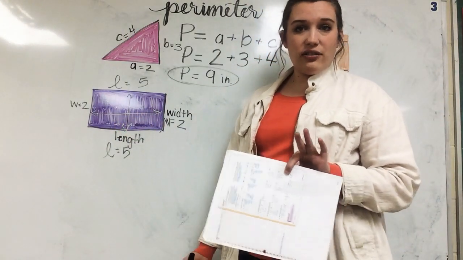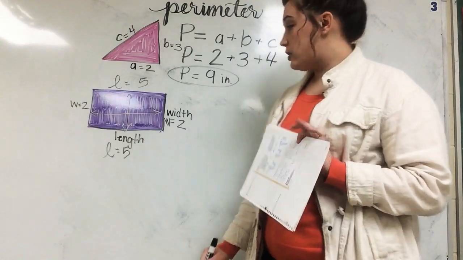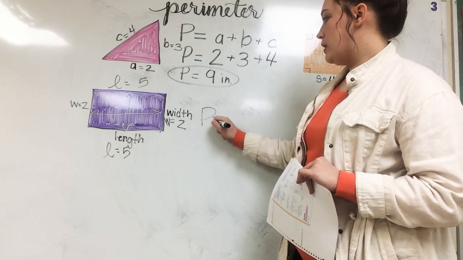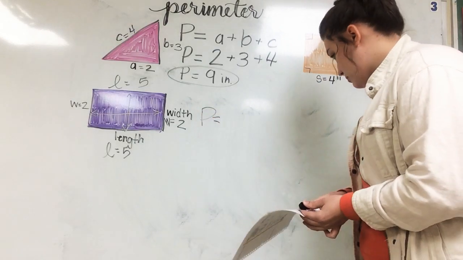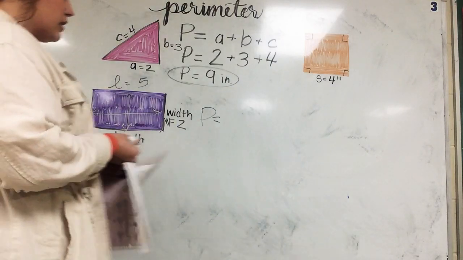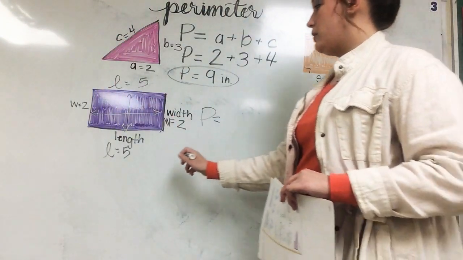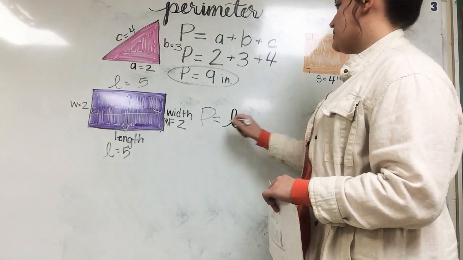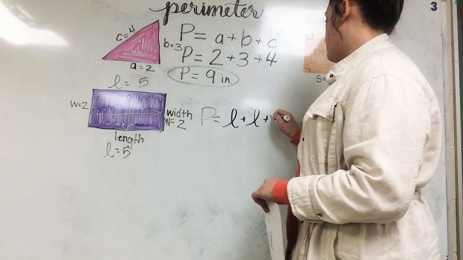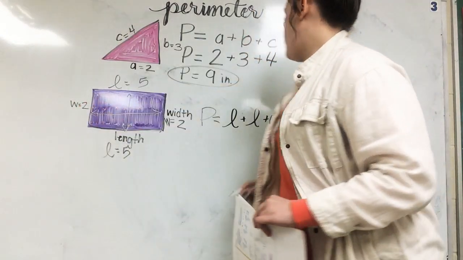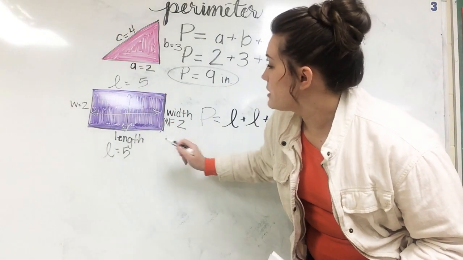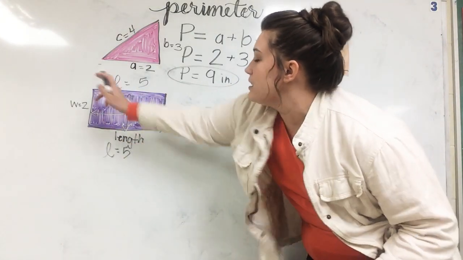So there are two different ways you can find the perimeter of a rectangle. I'm going to get a new marker that you can see a little better because this is kind of fading. You can do P equals our length plus my length plus my width plus my width.